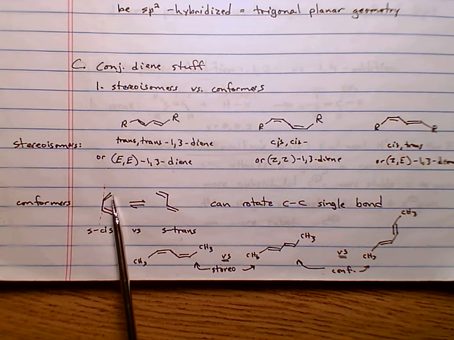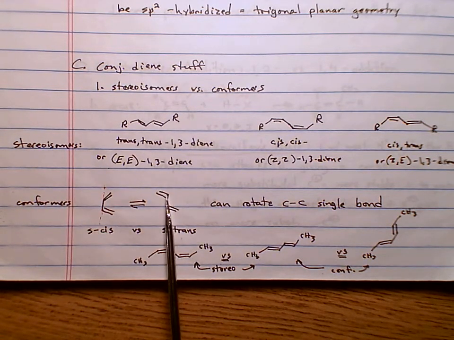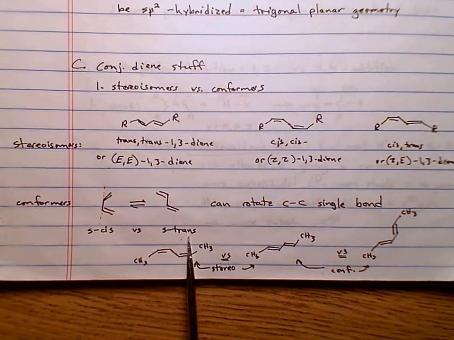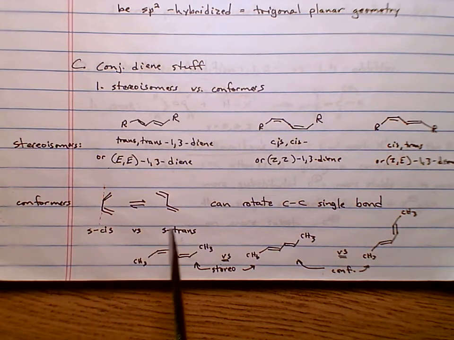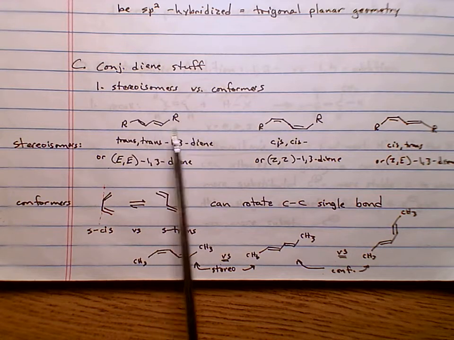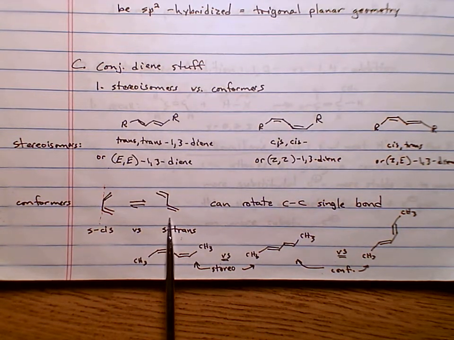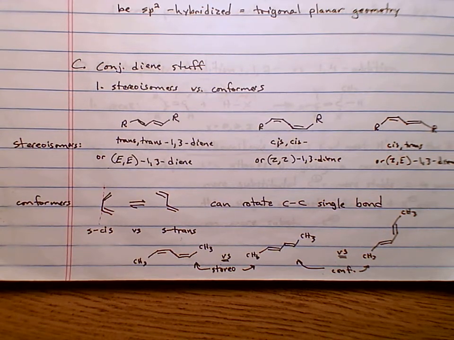However, this can very easily rotate the double bond over, and now if we draw a line along the single bond, the double bonds are on opposite sides of that line, so it's trans, but it's s-trans. Note, a trans double bond cannot just rotate to form a cis double bond. That cannot happen. But s-trans can easily rotate to form s-cis if there's no other ring structure holding it in place.